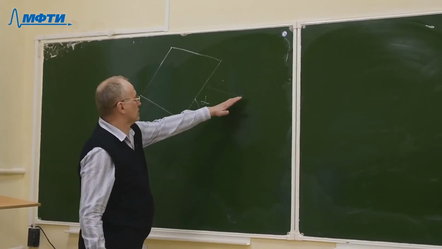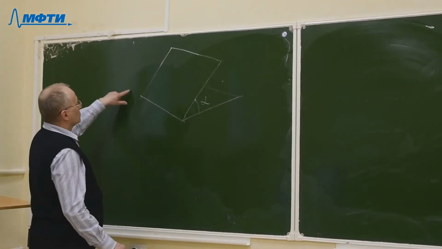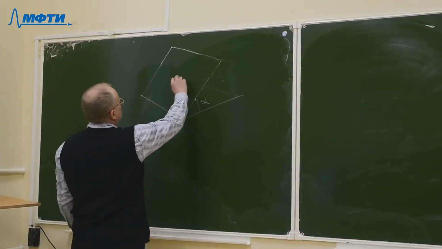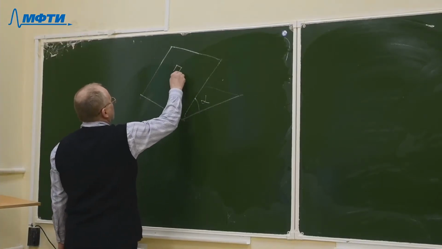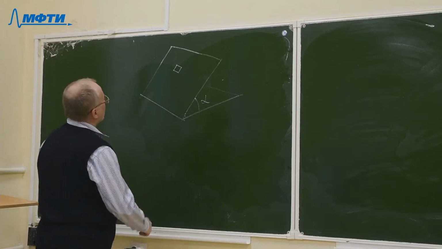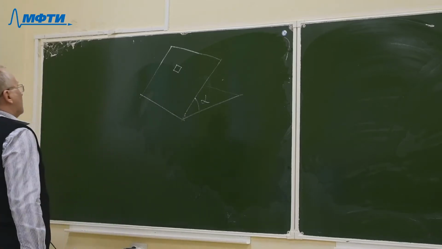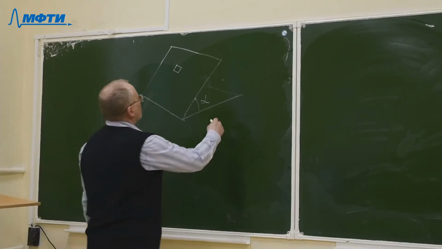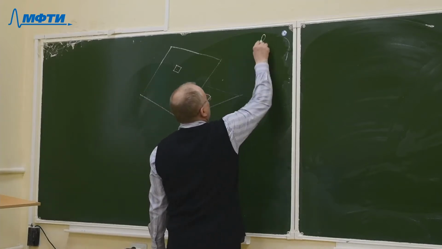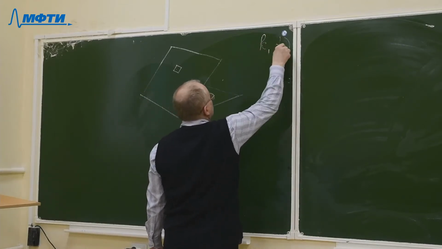This is a horizontal line, and this is also a horizontal line. On the plane there is a body, the coefficient of friction is given, and alpha is given.